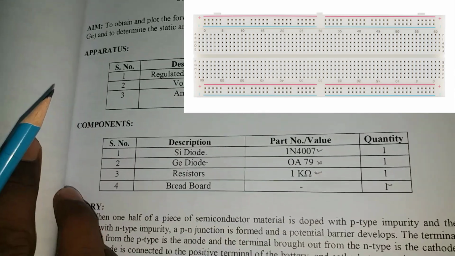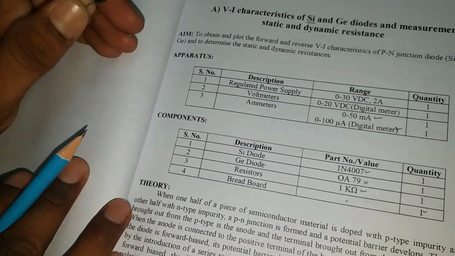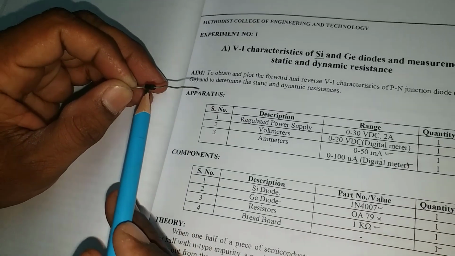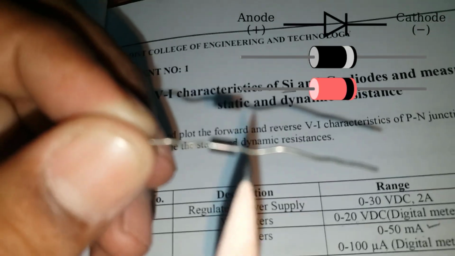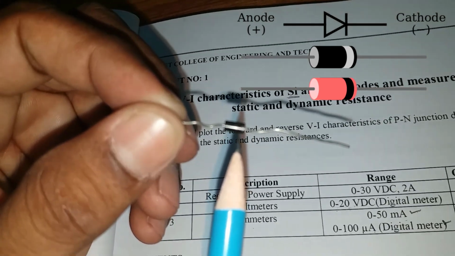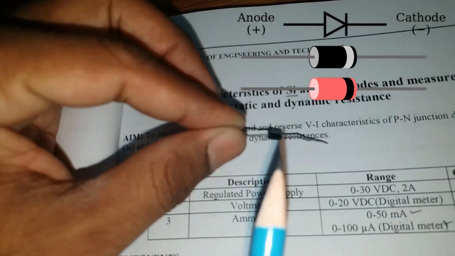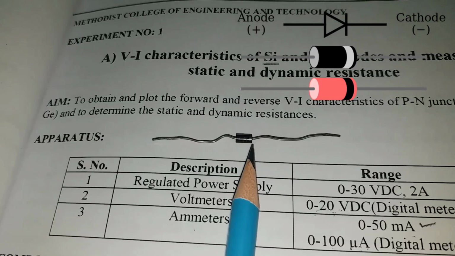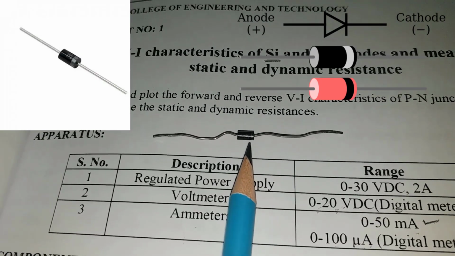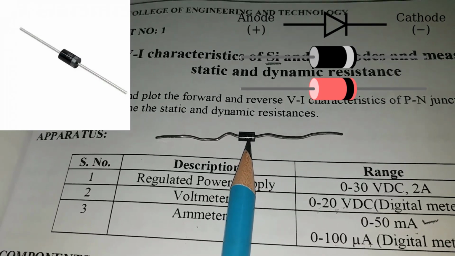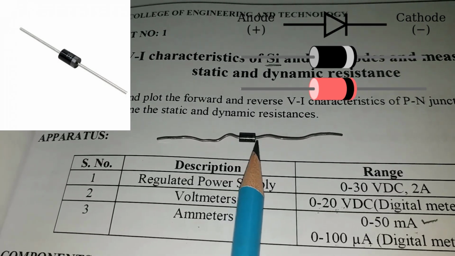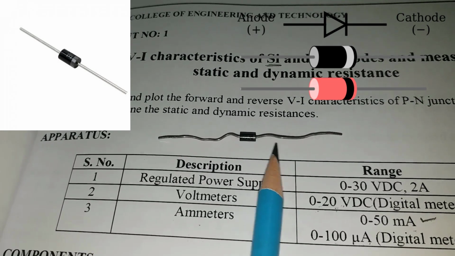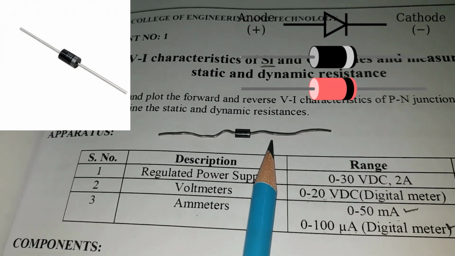This is the silicon diode. If you observe, one side has a silver coating. Lightly it is visible, on this right side, a small white or silver coating. This is the negative part of the diode, the cathode.